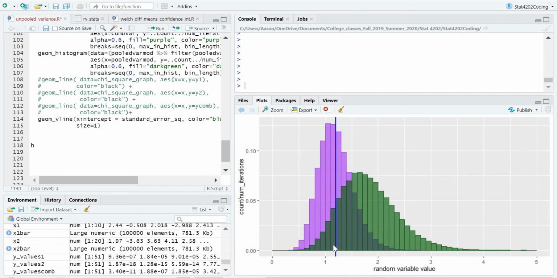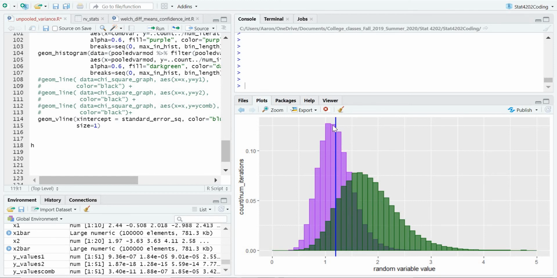Whoa, look. Here's the standard error marked in blue. The purple is the Welch style standard error estimation procedure, and here in green is the pooled standard error estimation procedure.